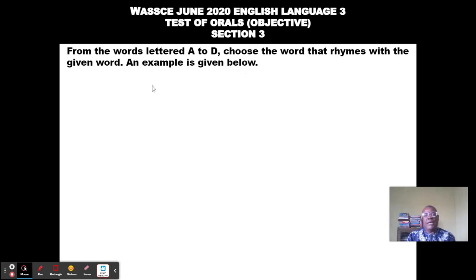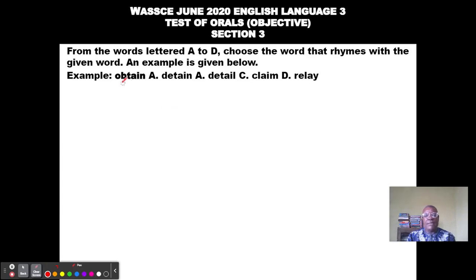So option A is detain, and that is actually the rhyme. Obtain, you see tain here and you see tain here. That makes both of them rhymes. Now, option B, this of course should be B, not A. Option B is detail.